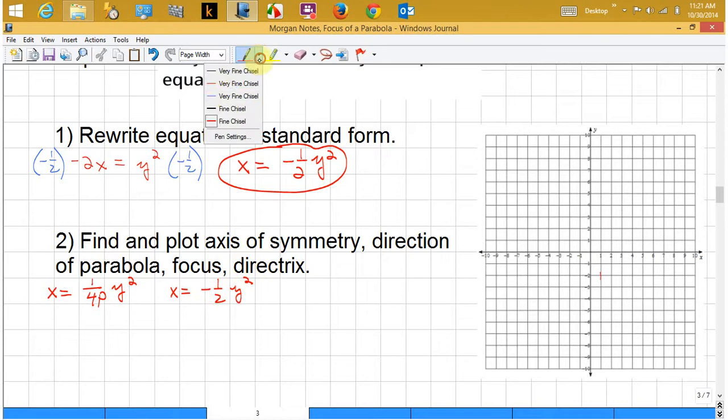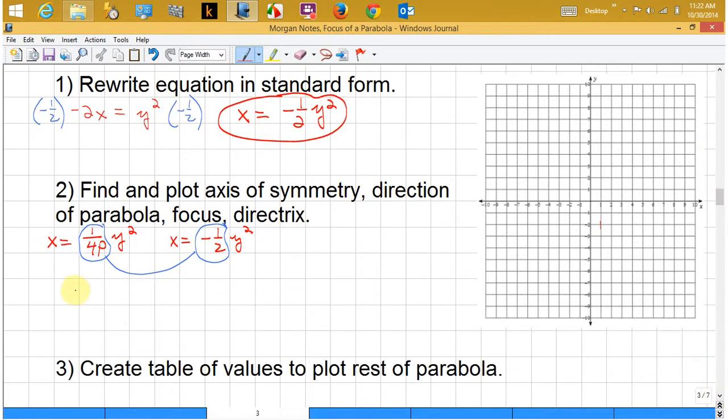So what I need to do is find the value of p. If this is what the standard equation looks like, and this is what my equation looks like, these must be equal to each other, right? So let's work it out based upon that knowledge. So I know that 1 over 4p must be equal to negative 1/2.